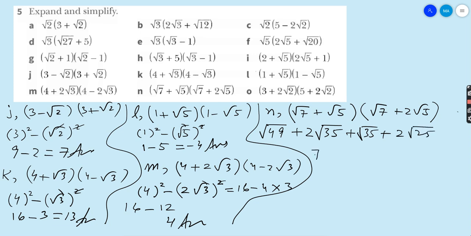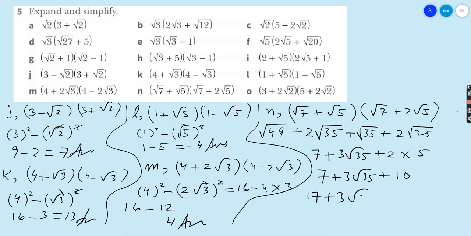Root 49 is 7 plus 2 root 35 and root 35 is 3 root 35 plus 2 and root 25 is 5. 7 plus 3 root 35 plus 2 5s are 10. 10 plus 7 is 17 plus 3 root 35. So the answer of part N is 17 plus 3 root 35.